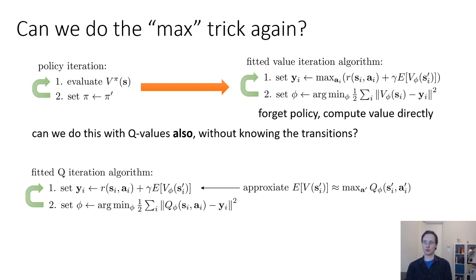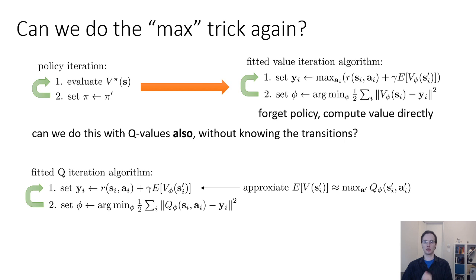So we're going to do two things. First, we're going to replace V of Si prime with the max over Ai prime of Q phi, Si prime, Ai prime, because we're only approximating Q phi, we're not approximating V phi. And second, instead of taking a full expectation over all possible next states, we're going to use the sampled state Si prime that we got when we generated that sample.